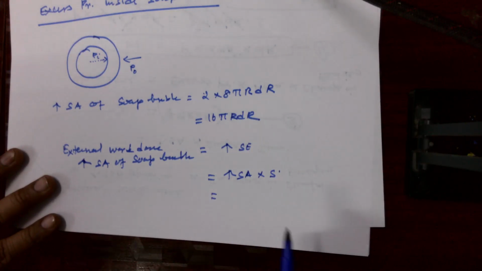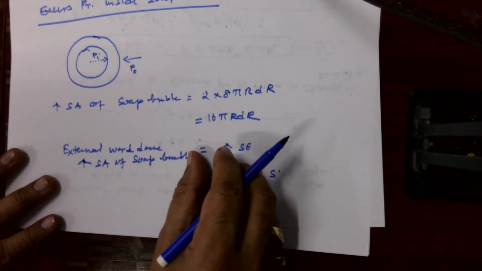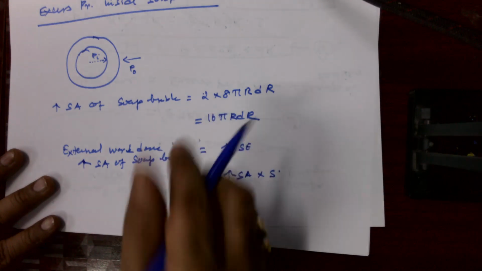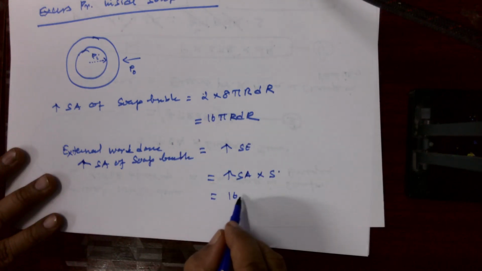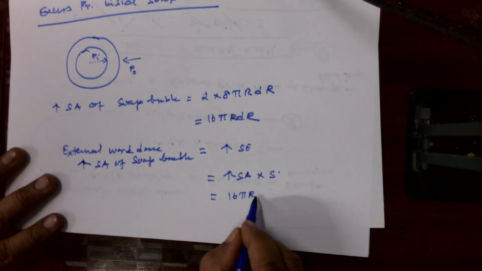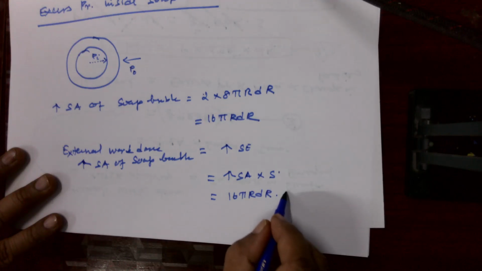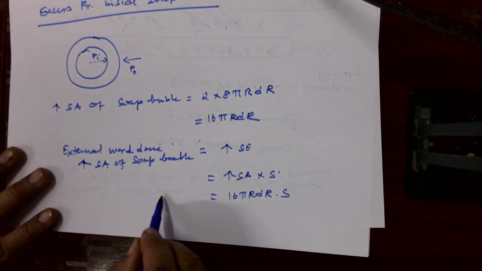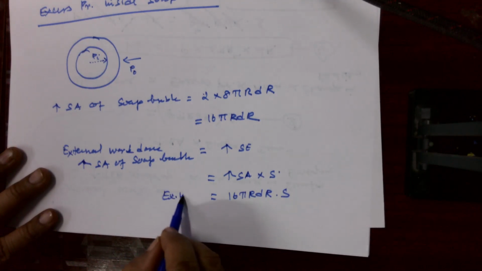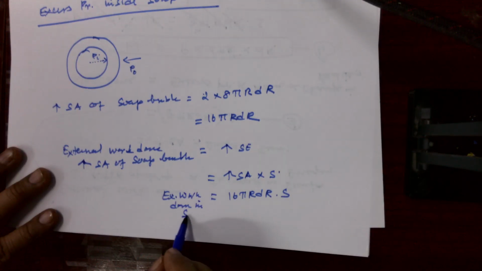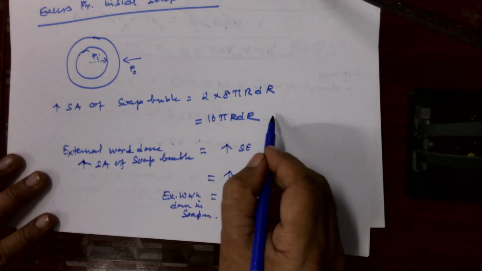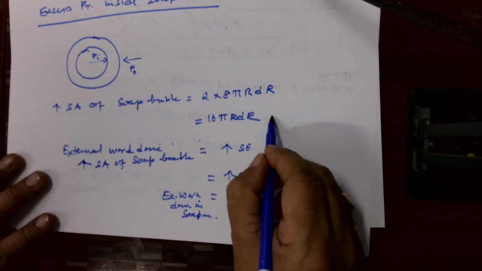So that is equal to the increase in surface area that we already discussed: 16 pi r dr into S. So this is the external work done in the soap bubble. Let me consider this as the first equation.